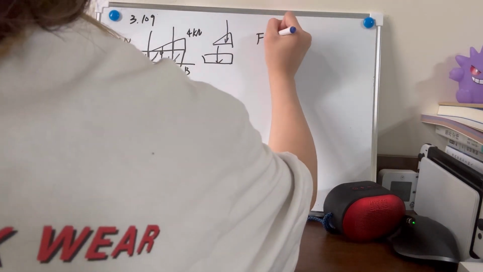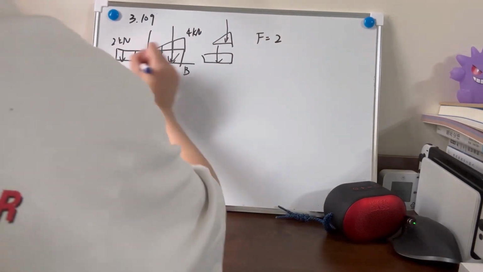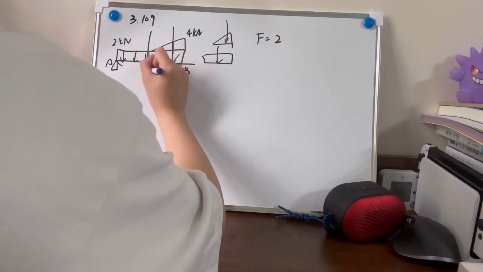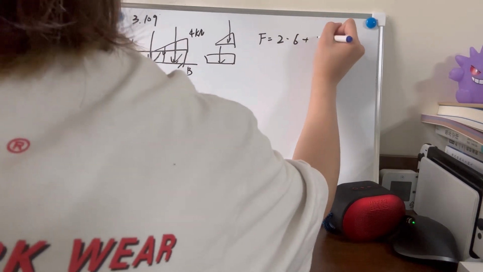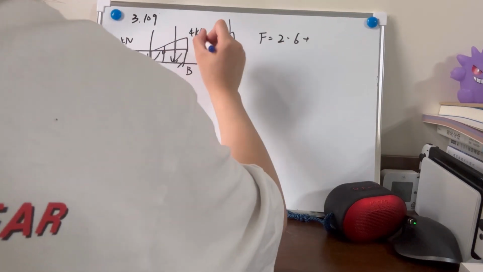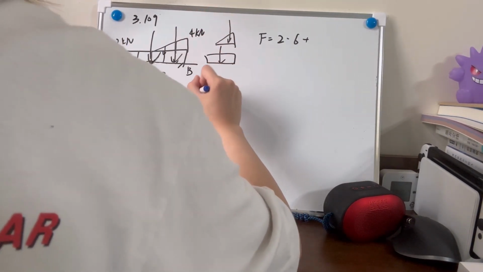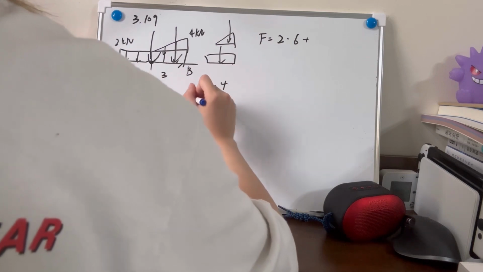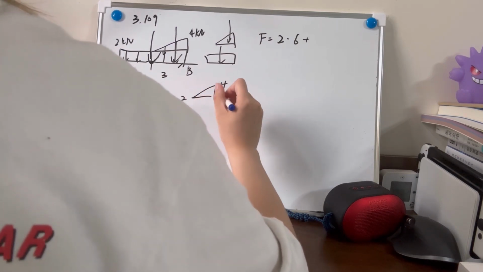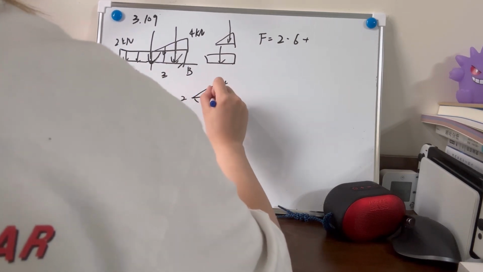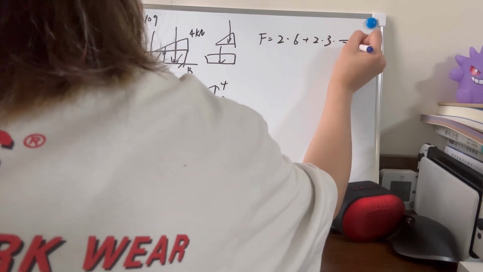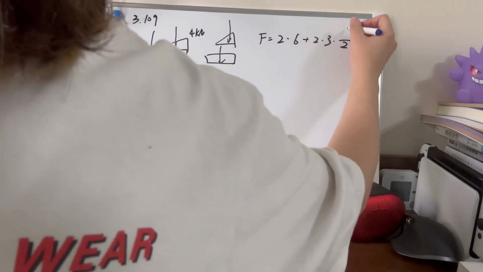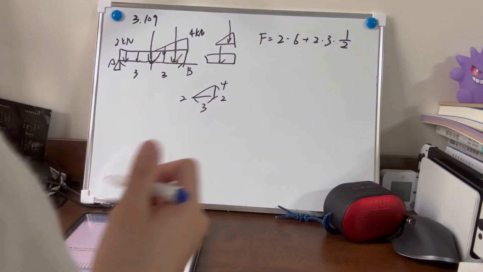So the force here 2, and the distance is 3, and 3 plus 3 is 6, and plus here the triangle is 4 and 2, so here is 2, and the distance is 3. It's 2 times 3, and it's a triangle, so you have to be half.